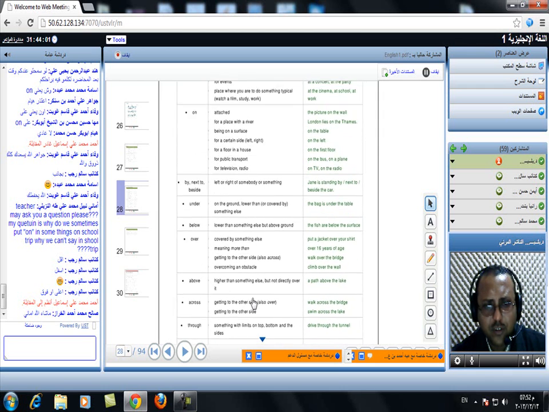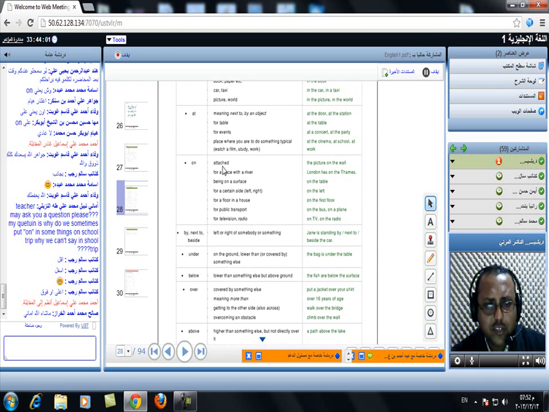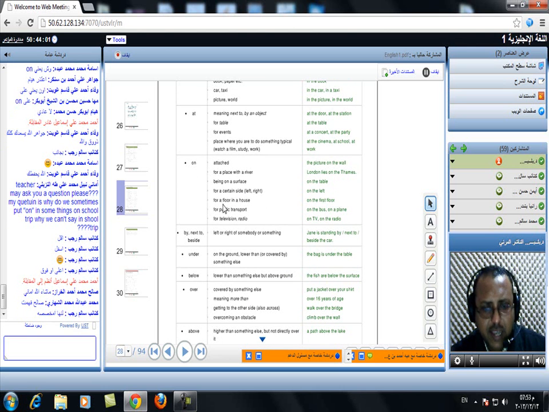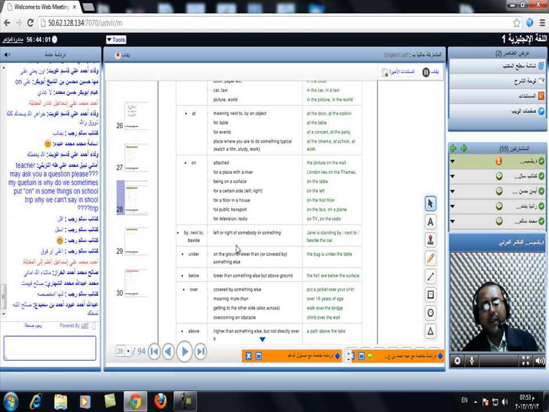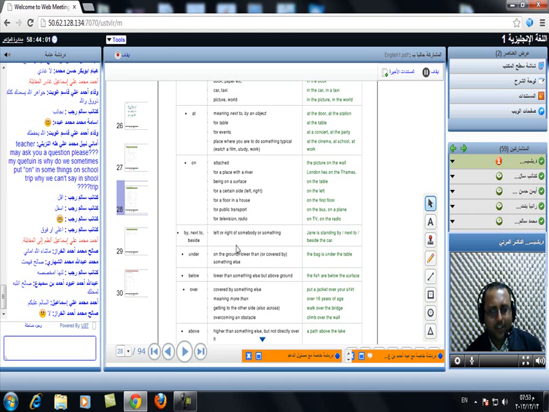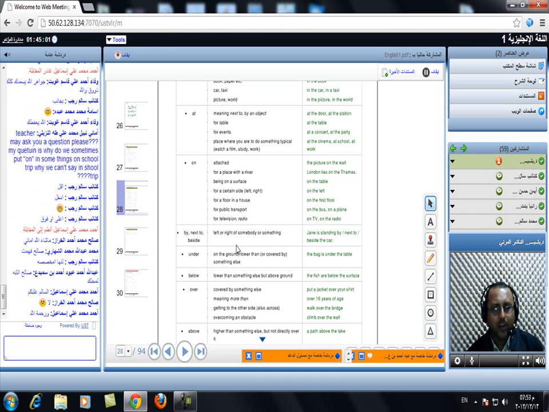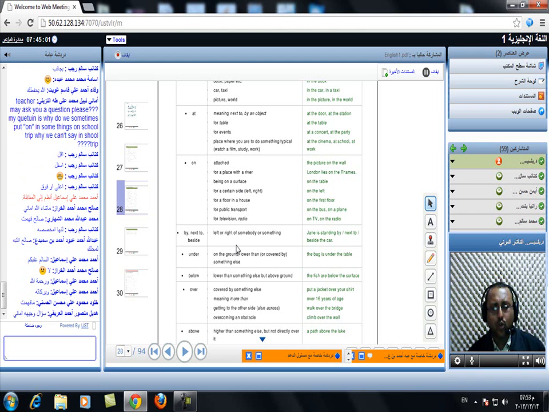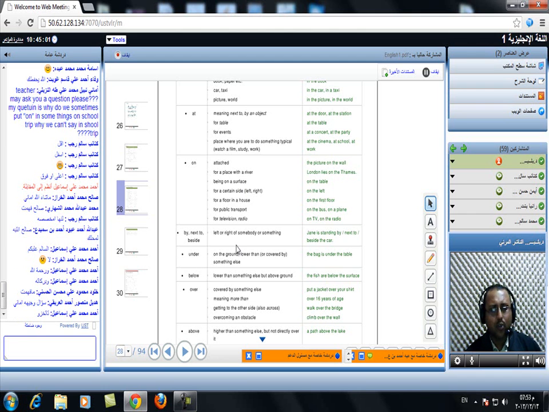See here, on is used if there is something attached to something, for a place with a river, like on the Thames, being on a surface, for a certain side, for a floor. In school trip, the word on is related to the word trip, not to the word school, so you cannot say in. If it is only school, we say in.